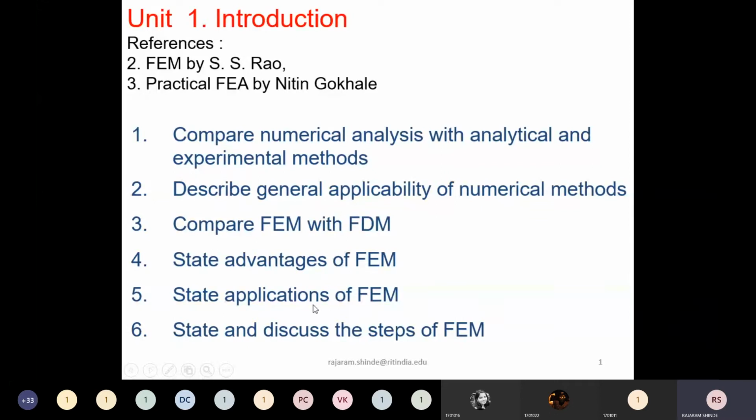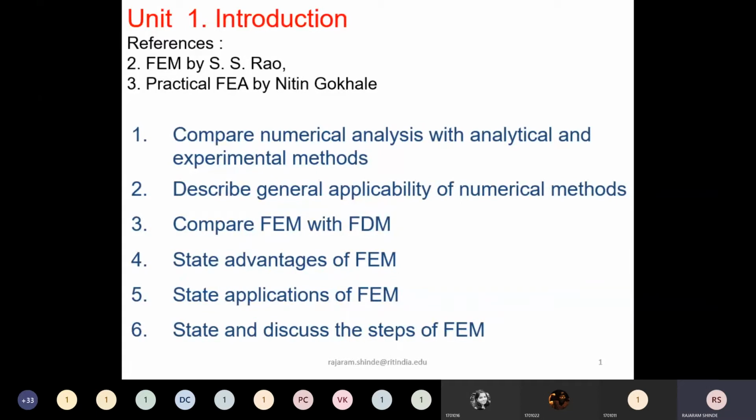If you search the applications of finite element method on Google, you will get a huge number of applications. Out of that, I will discuss some applications, because finite element method is used in all disciplines.